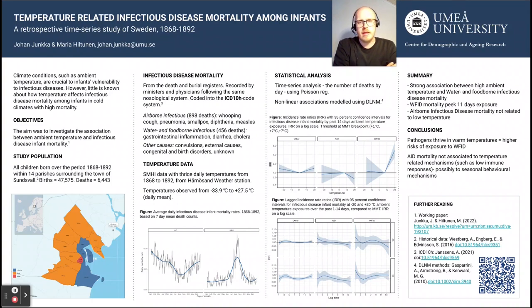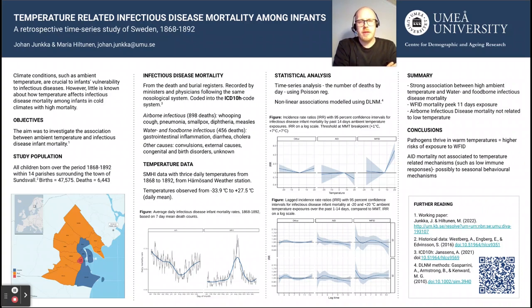Infectious disease mortality information is gathered from death and burial records. These were recorded by ministers and physicians who followed the same type of nosological system. So these text strings or causes of death in turn have been coded into ICD-10H codes. ICD-10H is a historical equivalent of the ICD-10 system.